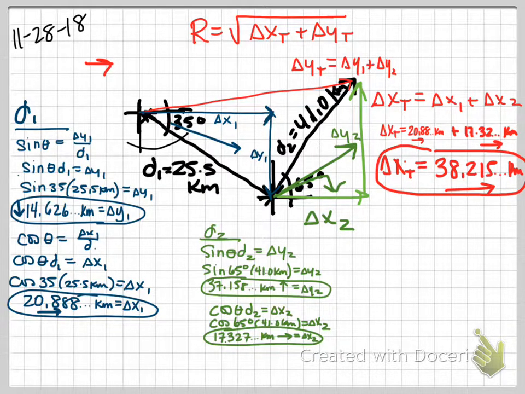Now comes the one that's got a little trick to it. So delta y total equals delta y1 plus delta y2. But the situation we have is that they're in opposite directions. That one is south, that one is north. So the easiest way to handle that is to assign signs based on a Cartesian coordinate system where north is positive and south is negative.